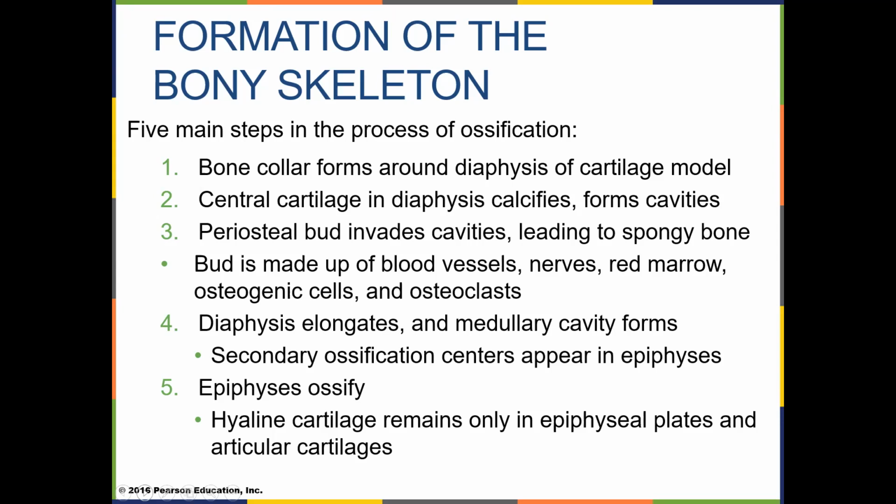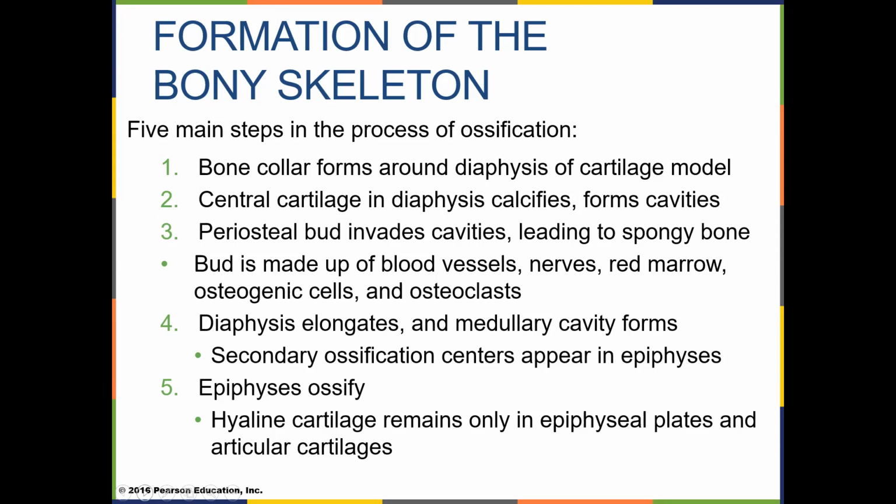Now, the primary ossification center will go away because the shaft will form, but where the epiphyseal centers are located, those become the epiphyseal growth plates that allow our bones to lengthen and to grow longitudinally over our early adolescence and early adulthood. They're going to finally close around age 23.